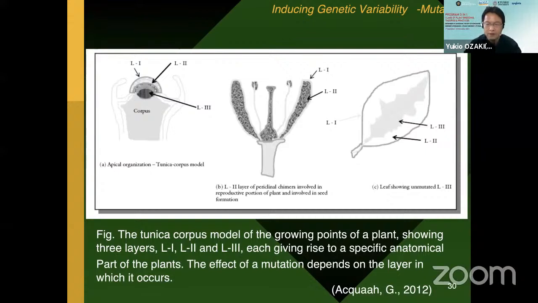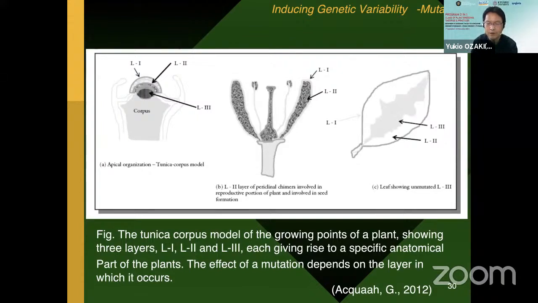It gives rise to mesophyll of the petals and sepals, as well as internal tissue of the stamens and pistil, hence the pollen and seed. A mutation in this layer is what gets transmitted to the seed. L3 contributes to the corpus and is not involved in any part of the flower, fruit, or seed.